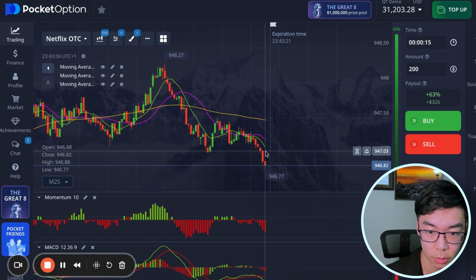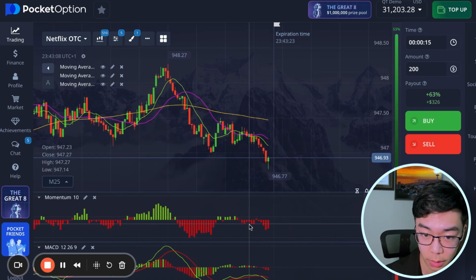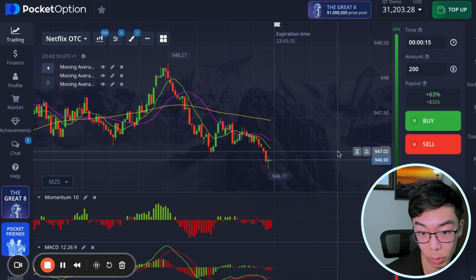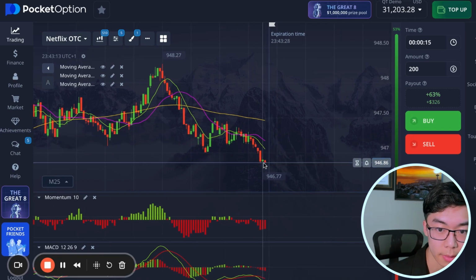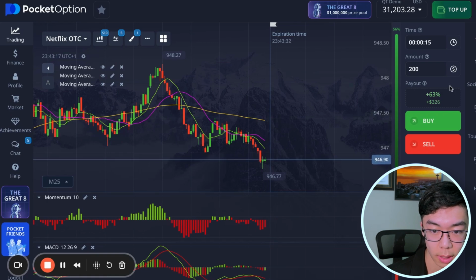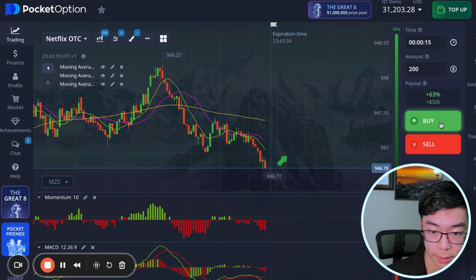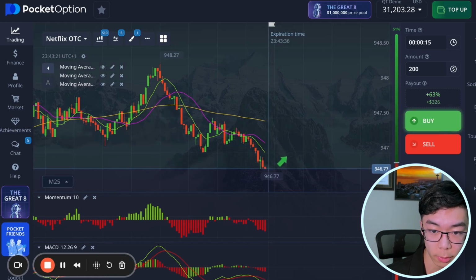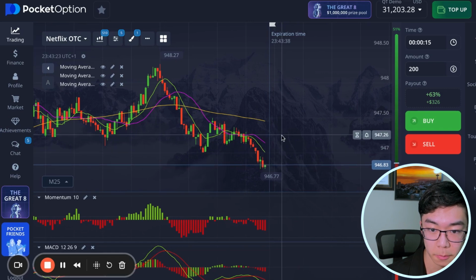Netflix, things are going downwards here. Things already crossed over downwards though, so things have already pretty much gone downwards, right? So things might actually be turning upwards now. I get a little bit of a reversal. We see that hammer there. So that's a little bit of a reversal hammer. So it might be going upwards now.